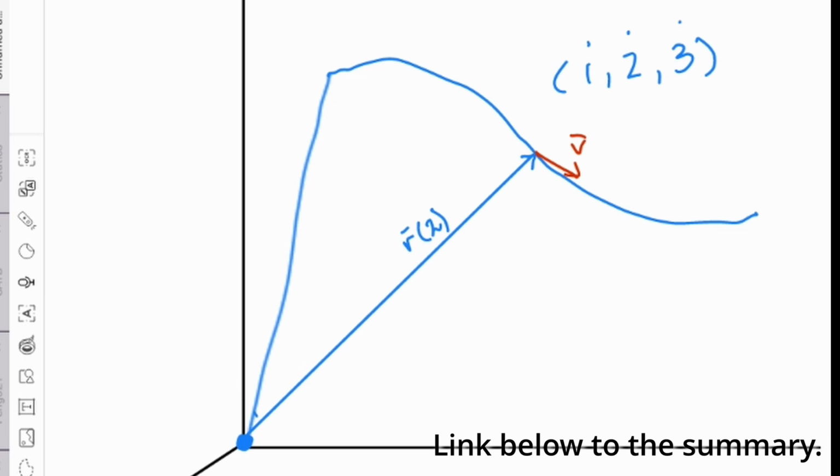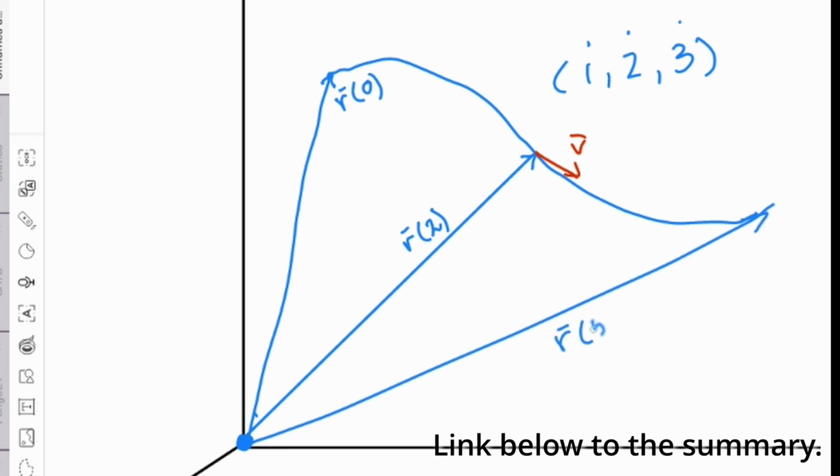And this will be the position vector at time 0. And this would be the position vector of whatever time that represents, which is maybe 5. So then it would have a velocity at time 2, remember, tangent to the position curve, a velocity at time 0, and here, a velocity at time 5.